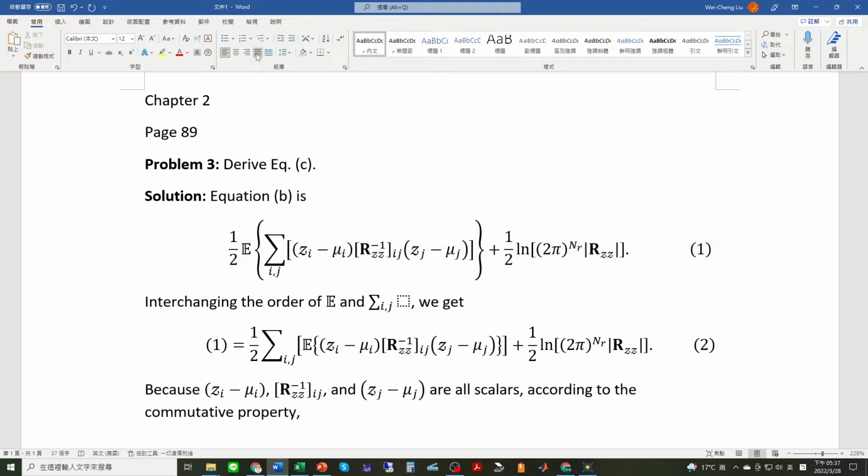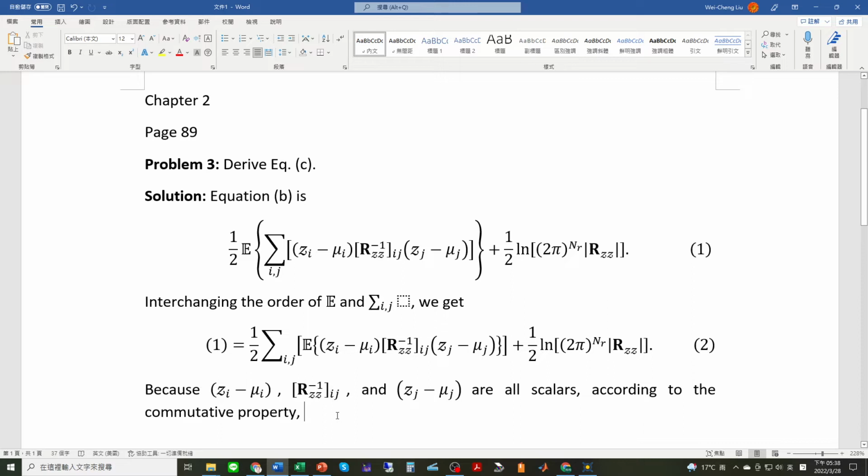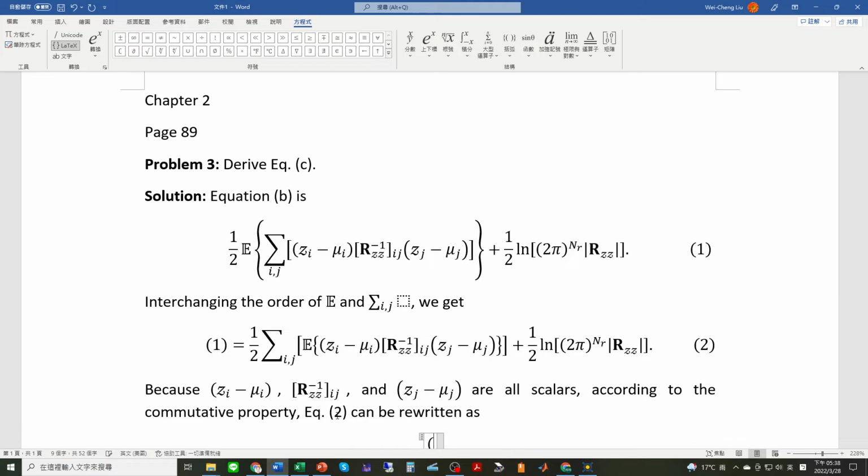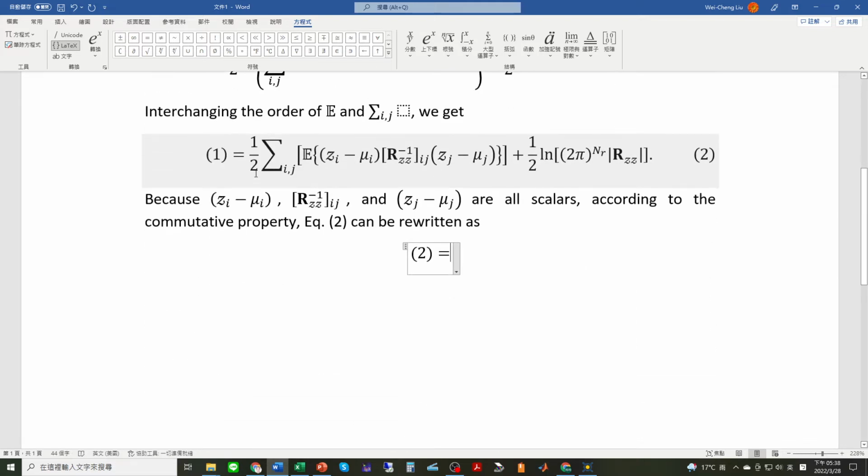Do you know what is the commutative property? It states that x times y is equal to y times x. In Chinese, it is 交换律. So equation 2 can be rewritten as, equation 2 is equal to this.